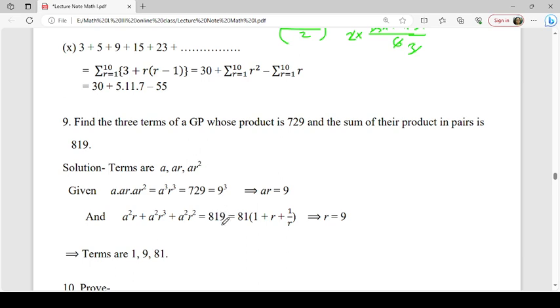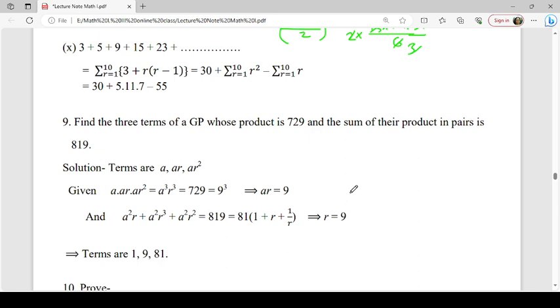This is given as 819, and this is equal to, taking A square R square common, here it is 1 by R, this is 1 and this is R, so it is 81.